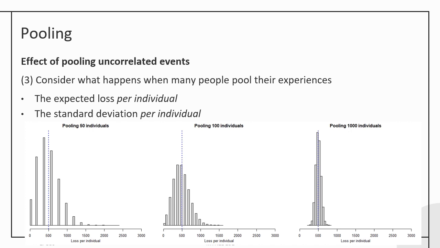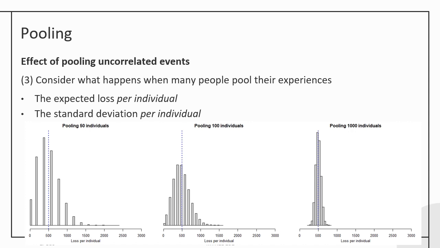We can see that the expected loss per individual, the vertical blue dotted line, is at that 500 regardless of how many people are in the pool. So the expected loss per person is the same, but it's the dispersion around the mean that's decreasing as the size of the pool grows. The relative dispersion is decreasing as the size of the pool grows. And this is, again, for pooling independent losses.